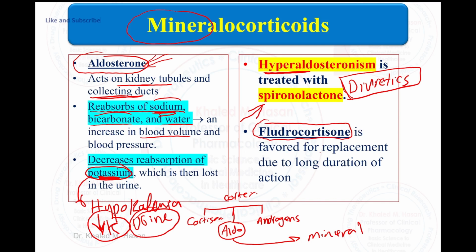Fludrocortisone is like a replacement for aldosterone due to its long duration of action, and maybe more beneficial effects. We are going to see the table with the information regarding fludrocortisone. In our body, we have a hormone released from the cortex called aldosterone. We discuss the action for sodium and potassium.